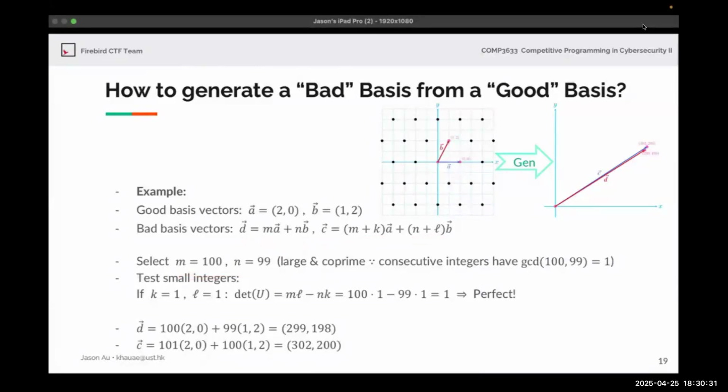Then we substitute K and L with 1 and test ML minus NK. It's 1, so it's perfect for a unimodular transformation. So we choose these four numbers and find the vectors C and D. Because this is a unimodular transformation, they are in the equivalent lattice. However, it generates a bad basis for us, so it's difficult to convert it back to a good basis, which is this very simple one.